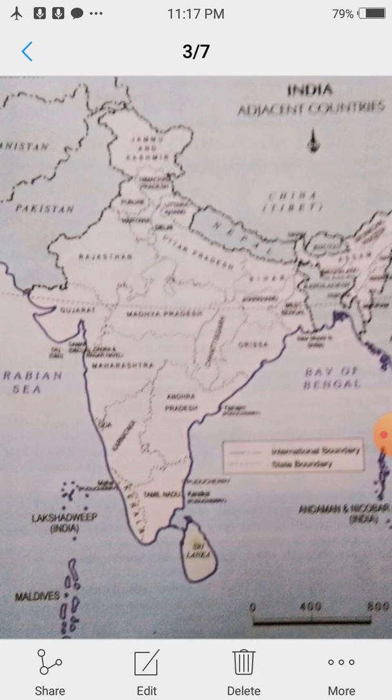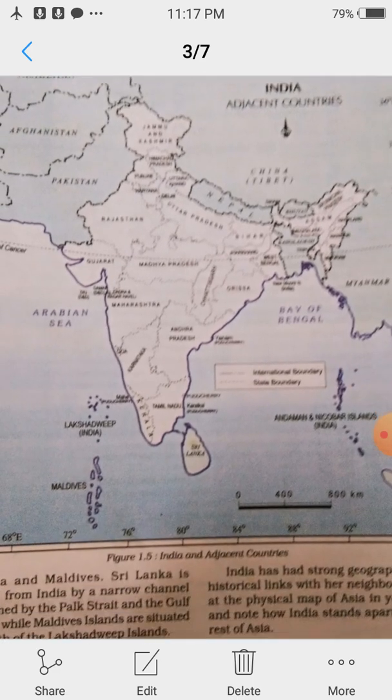Then the total area of India is about 3.28 million square kilometers, which we have discussed. India's total area accounts for 2.4% of the total geographical area of the world.